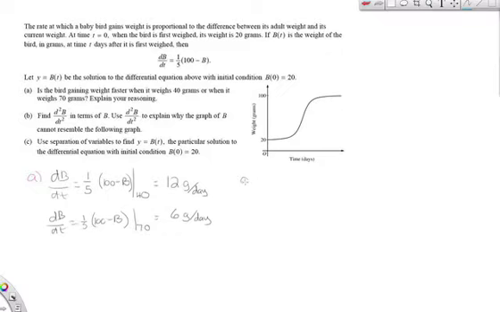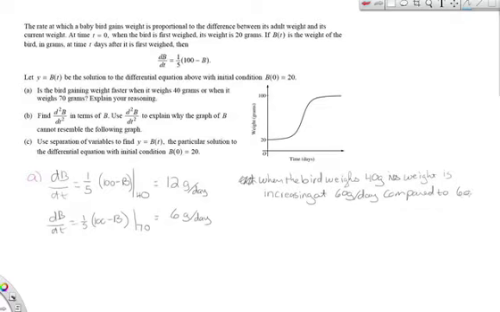So let's try when the bird weighs 40 grams, its weight is increasing at 12 grams per day compared to 6 grams per day when it weighs 70 grams.